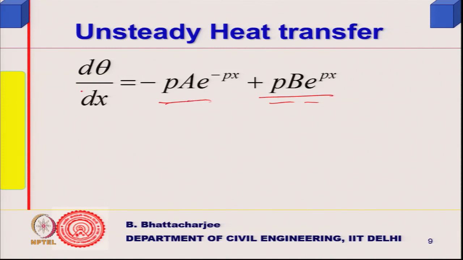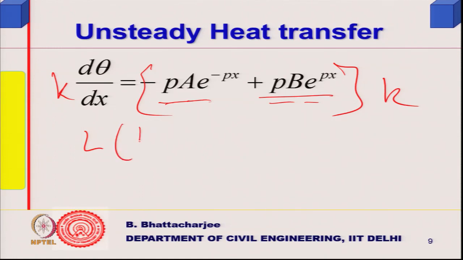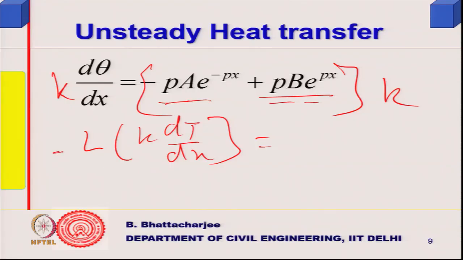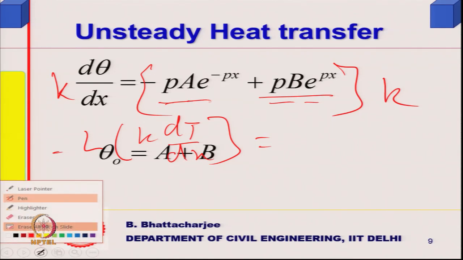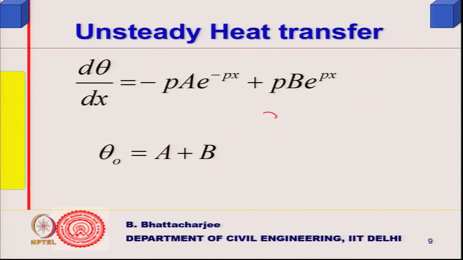Now, k multiplied by this is nothing but the Laplace transformation of k dT dx, which is the Laplace transformation of the heat flux, and we call it phi, with a minus sign of course. So the first term is theta at x equals 0, which I call theta 0, equal to a plus b.